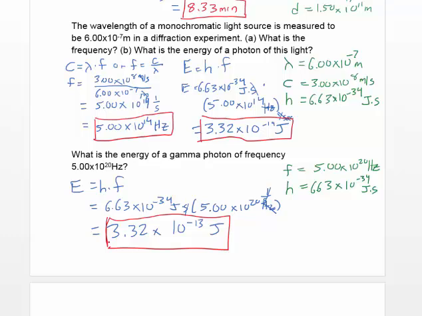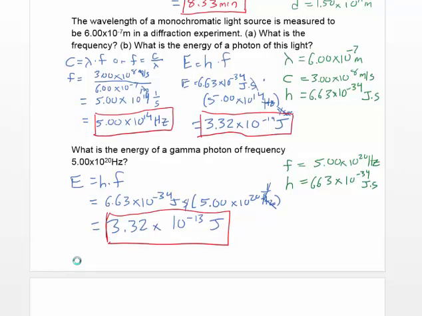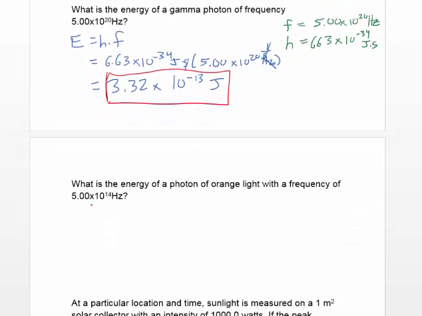So let's move on. We've got a couple like these. We're going to do one more similar one, which says, what is the energy of a photon of orange light now with a frequency of 5 times 10 to the 14th hertz. So we know what the frequency is, again, and let's put our numbers down that we know.